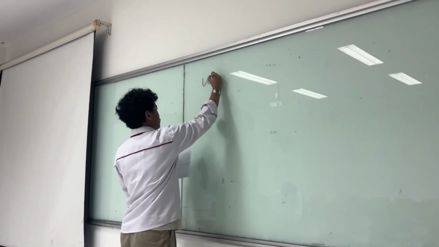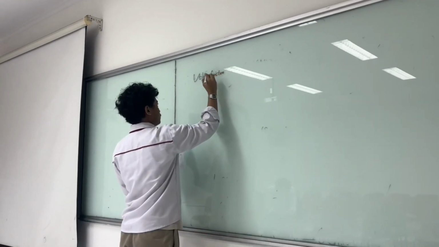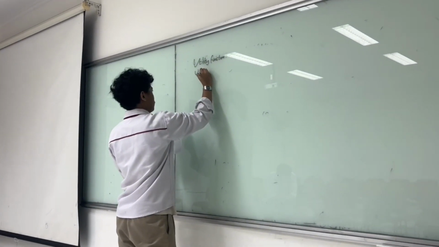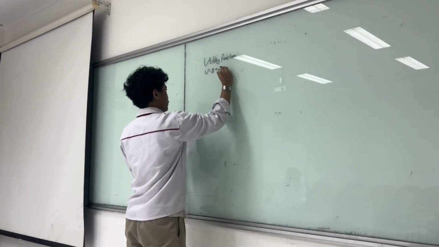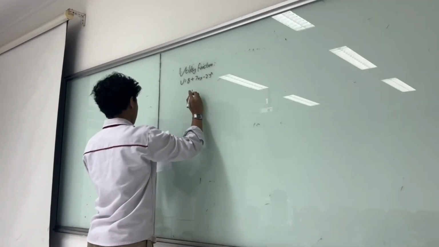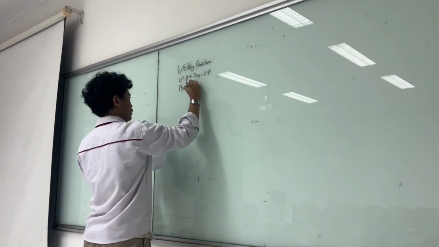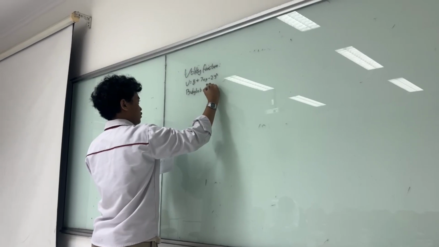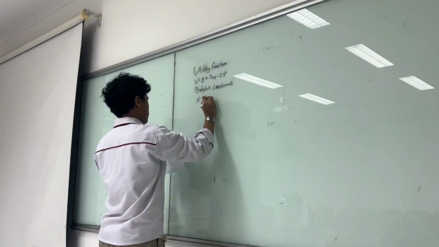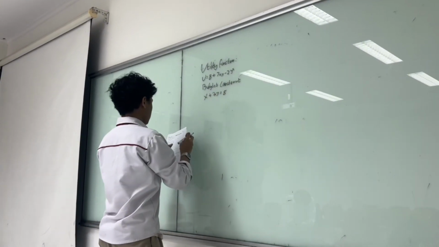So this is the utility function: U equals 8 plus 7xy minus 2y squared. Then the budget constraint is x plus 3y equals 8.